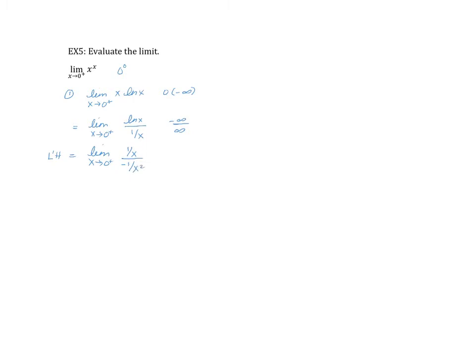So simplifying, we get the limit as x goes to 0 of negative 1, or I'm sorry, of negative x. So as x goes to 0, this is just 0, but remember we're not done.